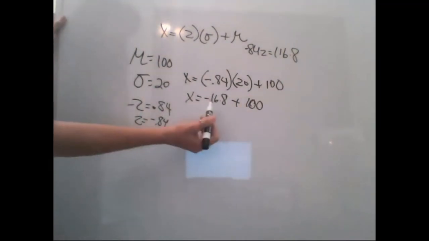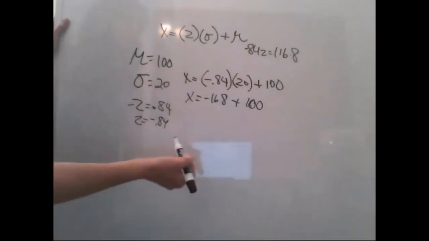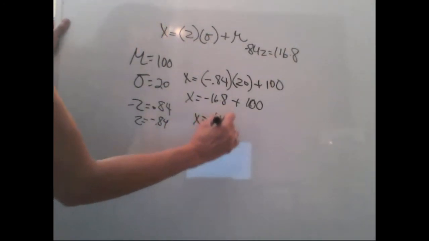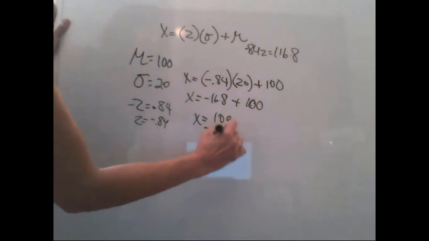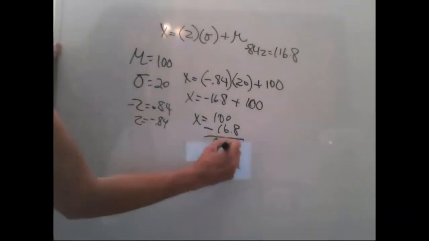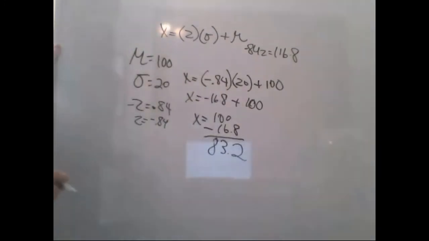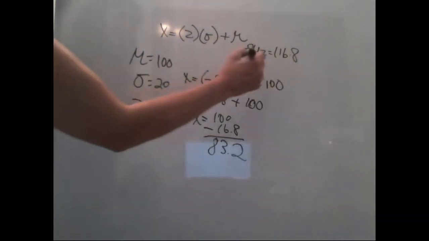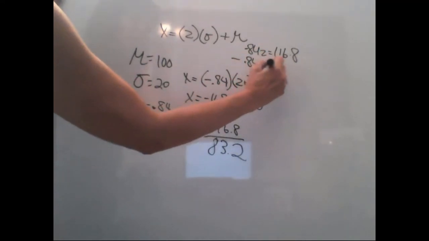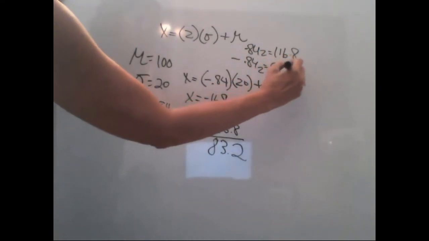So now basically we're taking a negative and adding it to a positive, which means that x is going to be equal to 100 minus 16.8, yes? Which gives us 83.2. So just to reiterate what this means, our negative 0.84 z is going to be equal to 83.2.